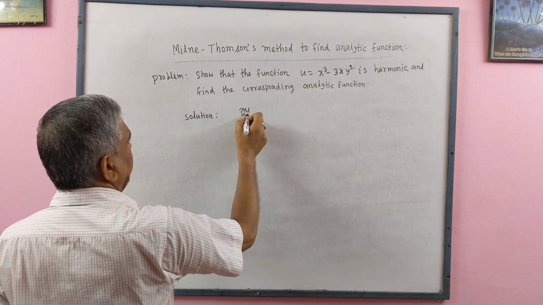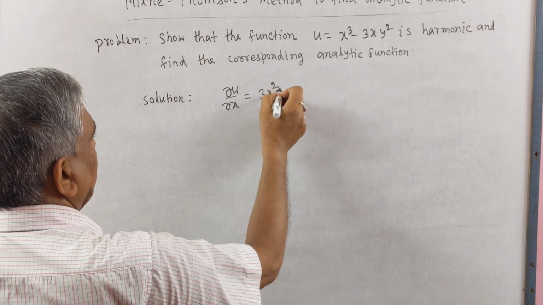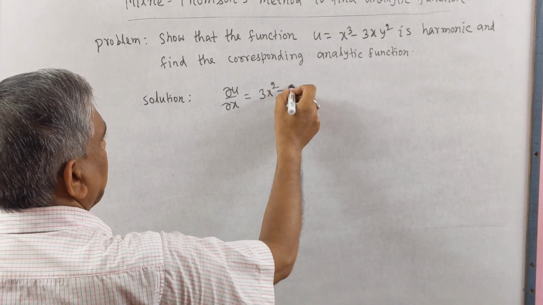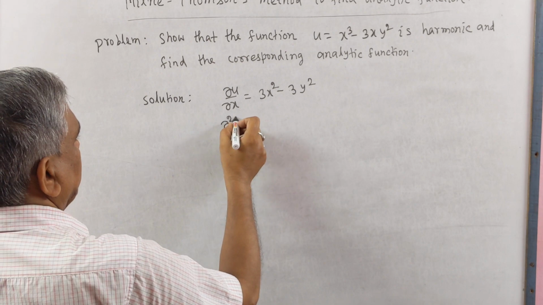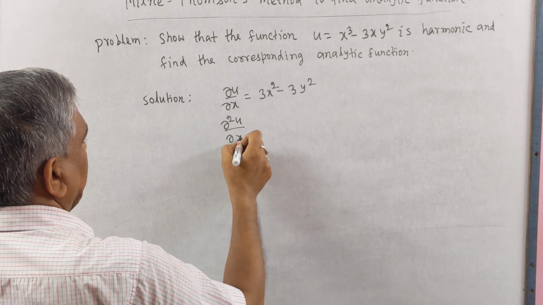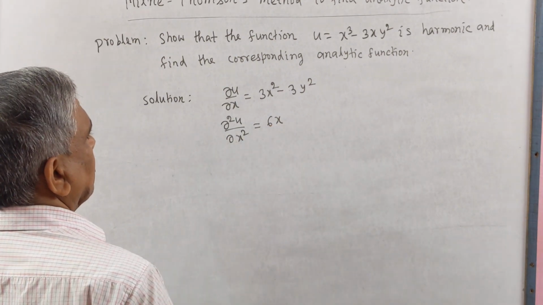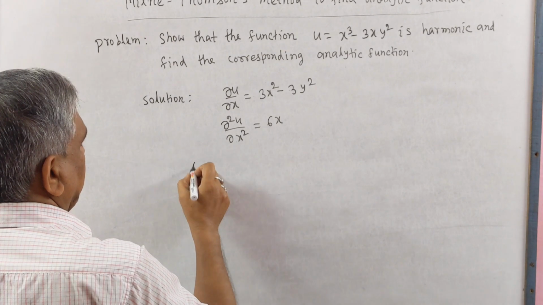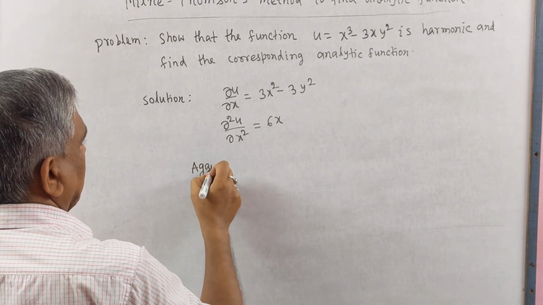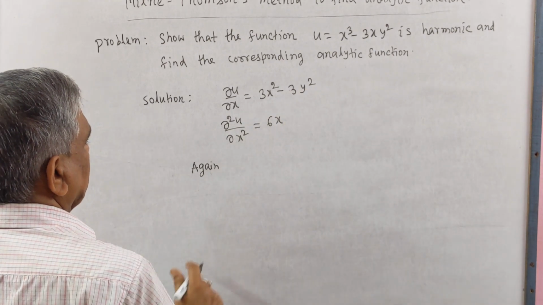Del u by del x equals 3x square minus 3y square. Del 2u by del x square equals 6x. Again, as there is no x, so here 0.